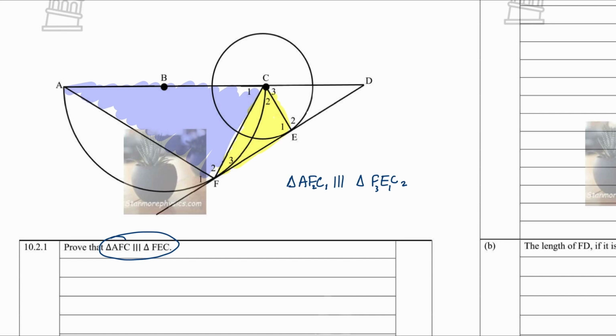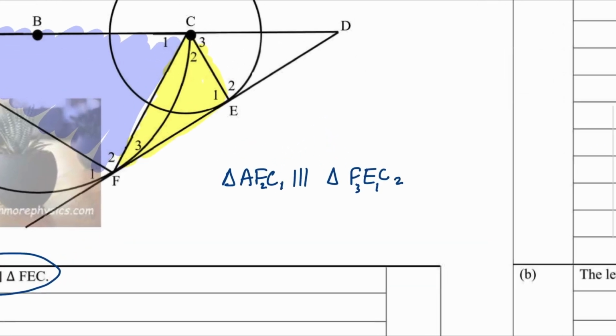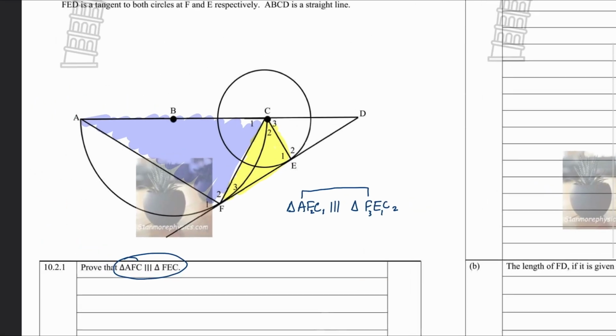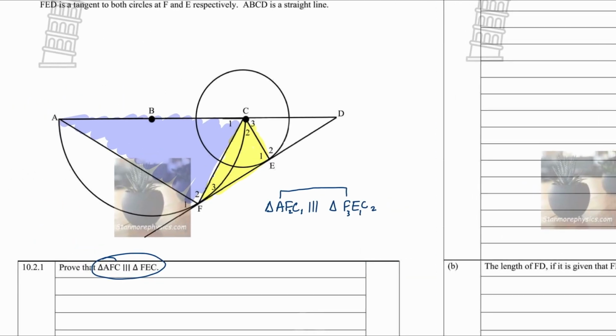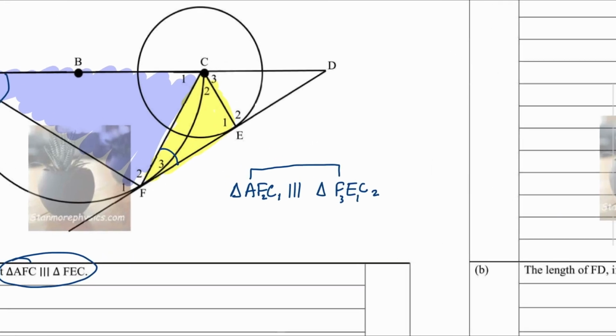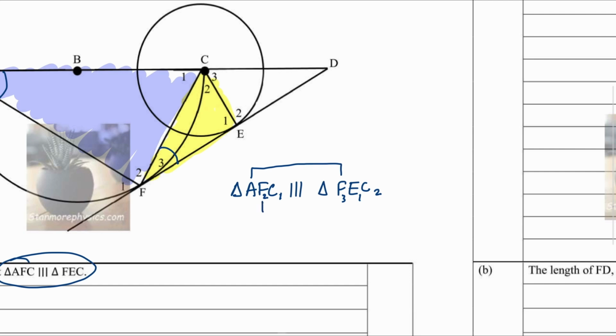And from here, we can work backwards: why would angle A equal angle F3? So in other words, why is this angle equal to that angle? Then we ask ourselves, why is angle F2 equal to angle E1?